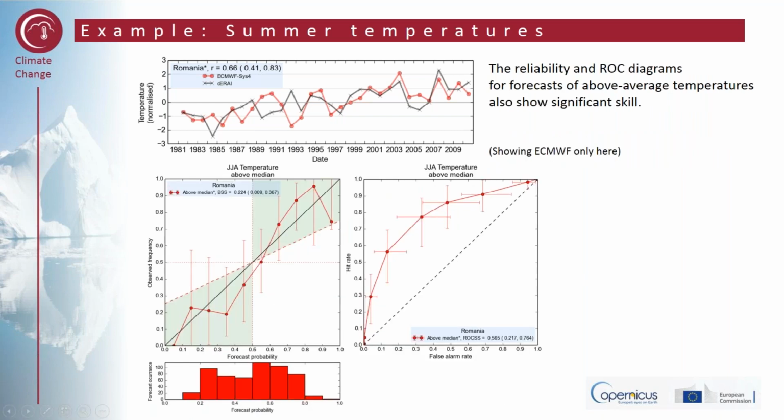So as I mentioned, we also look at these more complicated probabilistic measures of skill. So this is just focusing on the ECMWF system here. Here's reliability and sharpness diagrams for Romanian temperatures, and we get a significant Brier skill score there. And a ROC diagram as well, with a significant ROC skill score. So both of those look good.